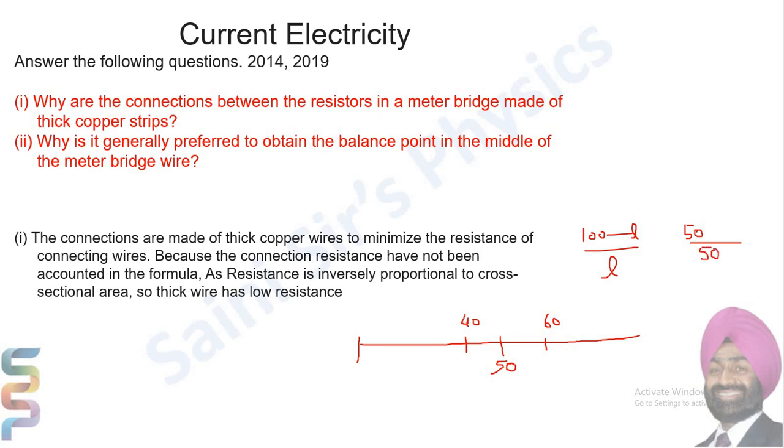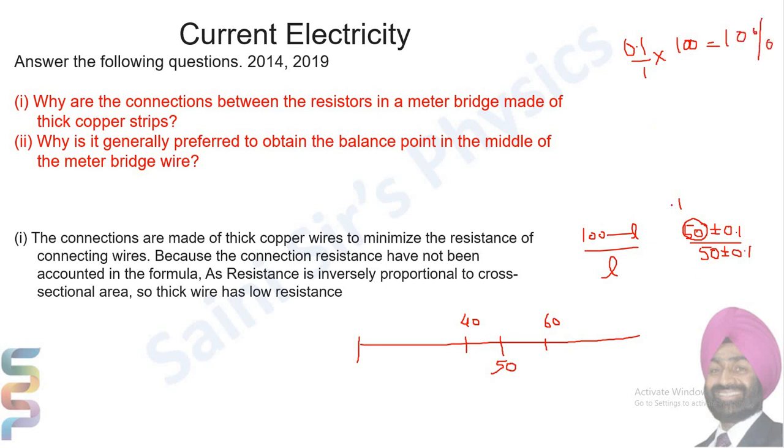The scale used in meter bridge is an ordinary scale with least count of 1 millimeter or 0.1 centimeter. So I can write plus minus 0.1 here, and plus minus 0.1 here. If it happens that this length comes out to be only 1 centimeter, 1 plus minus 0.1, then percent error, which is 0.1 by 1 into 100, would turn out to be 10%, which is a very large error.